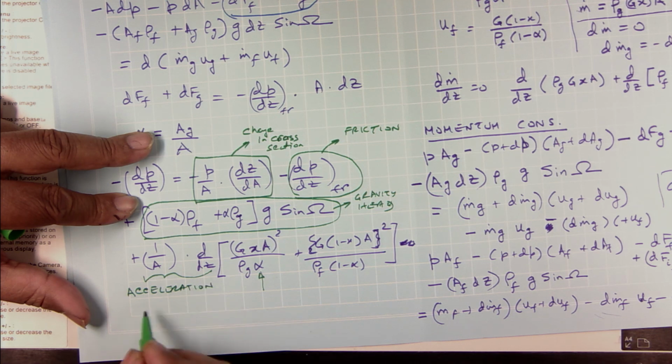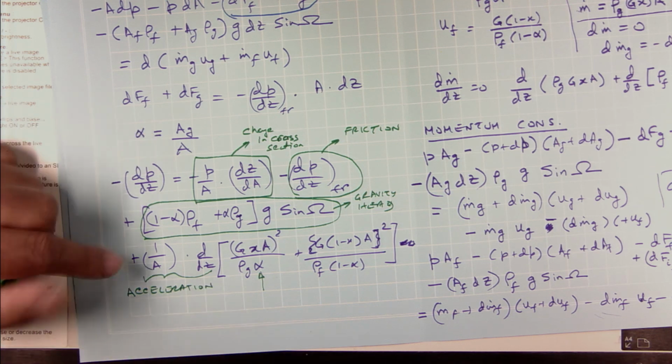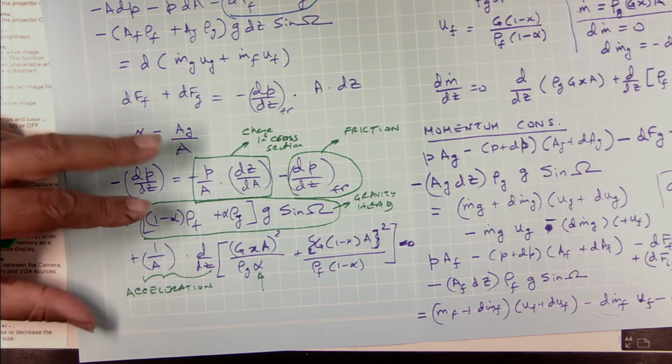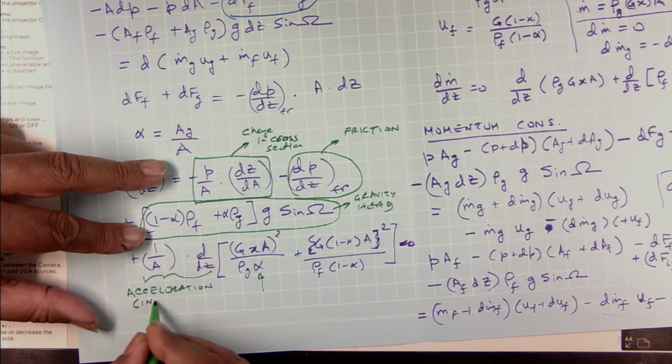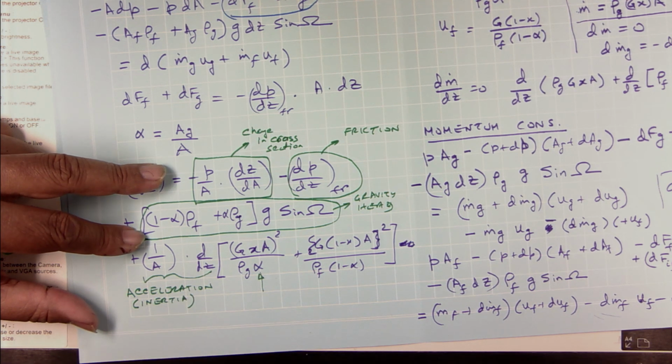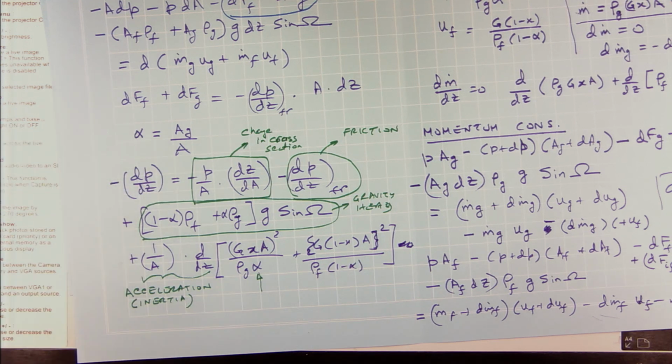This is the pressure drop that is happening because there is acceleration or inertia in your flow. Now we are going to simplify this equation, because this is an introductory class. We are going to look at the most simple situation, but before I go there, let me ask you a very fundamental question.